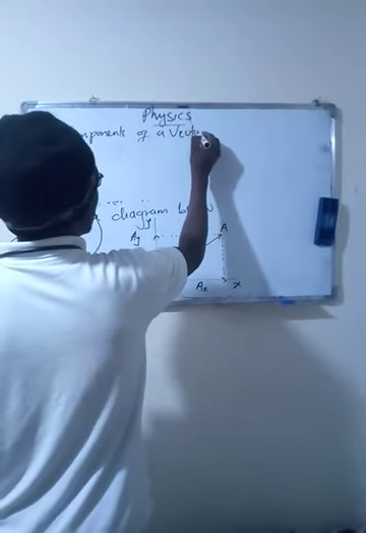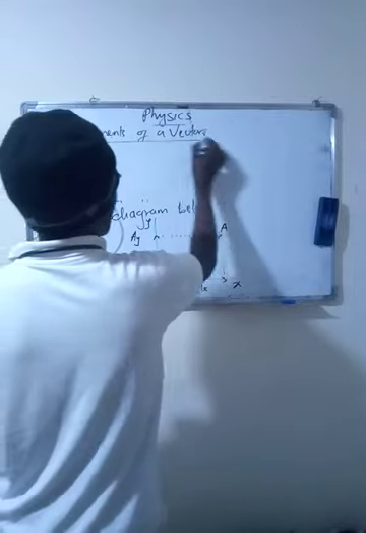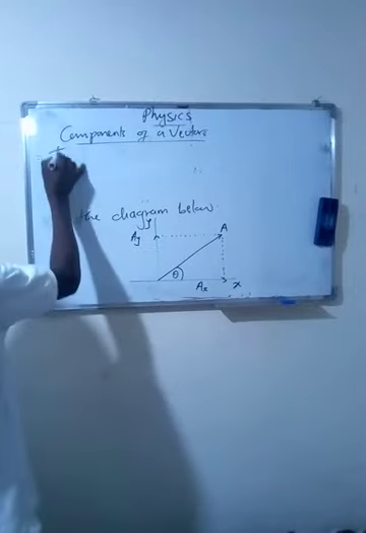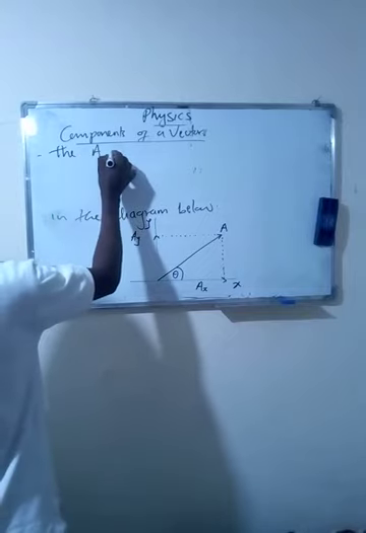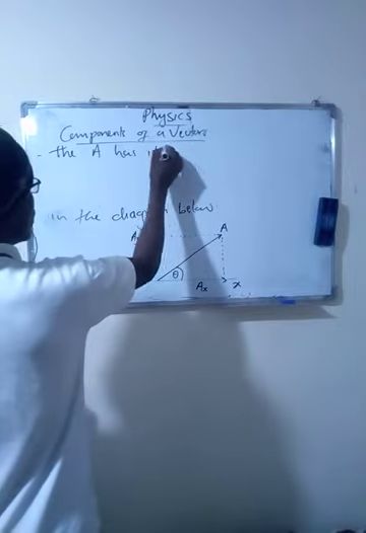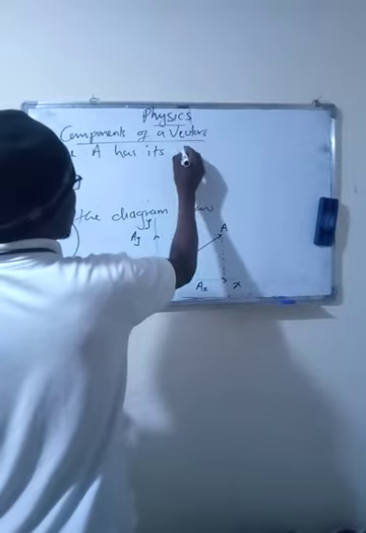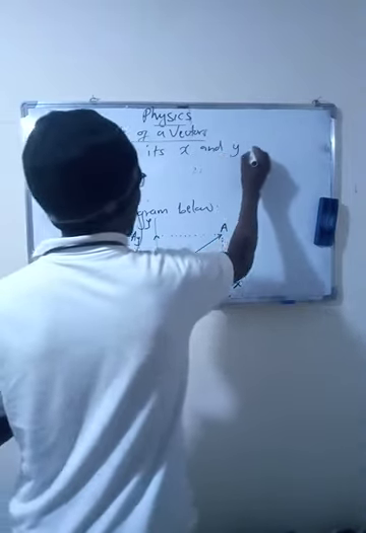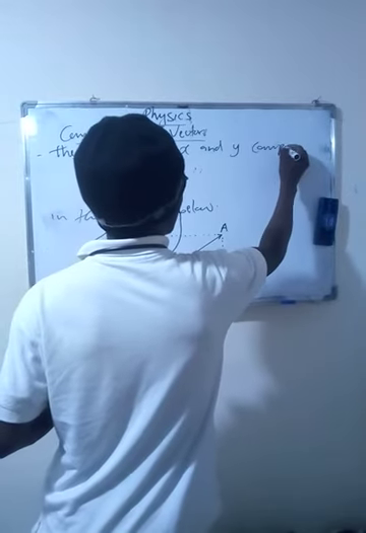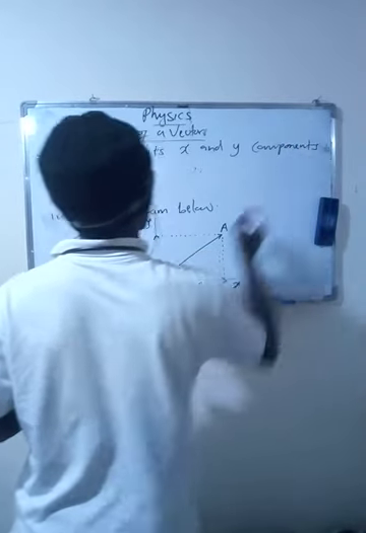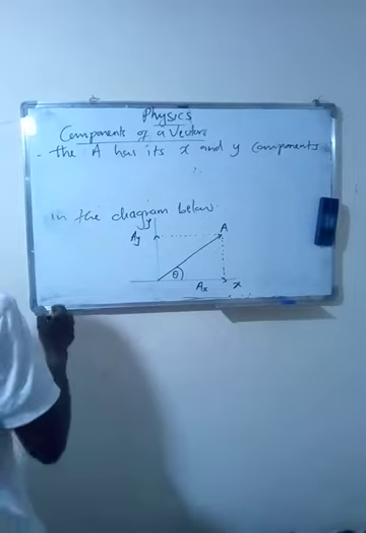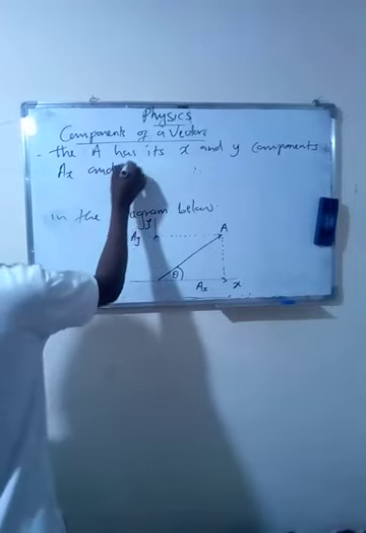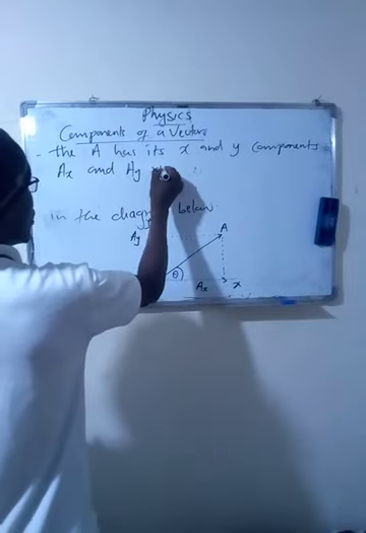In this case, the vector A has its x and y components, which are ax and ay respectively.